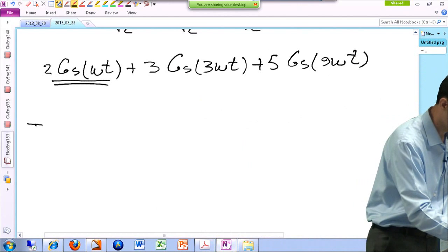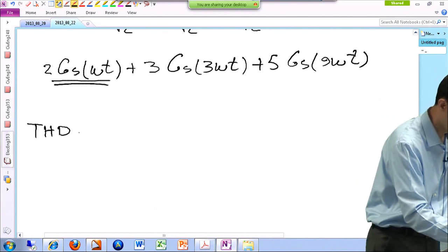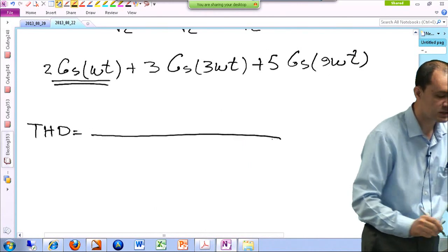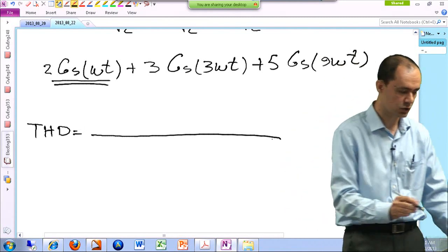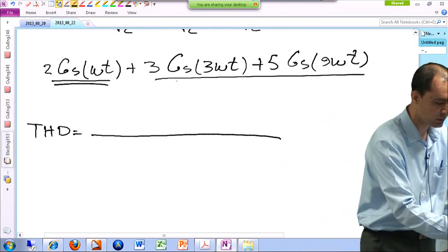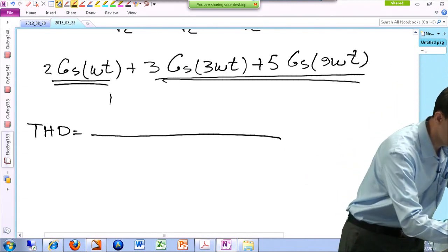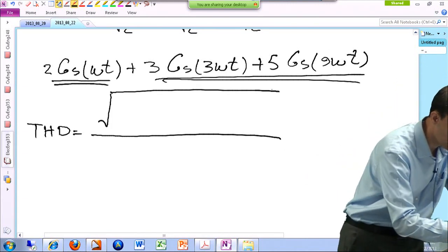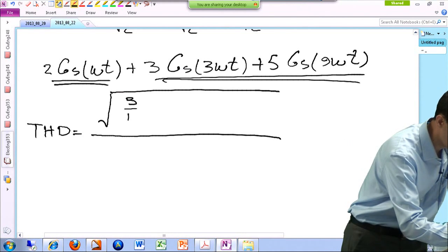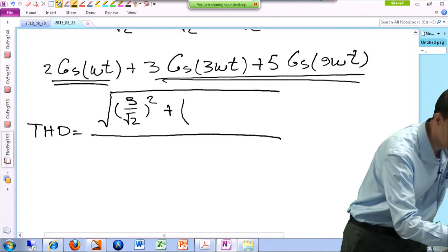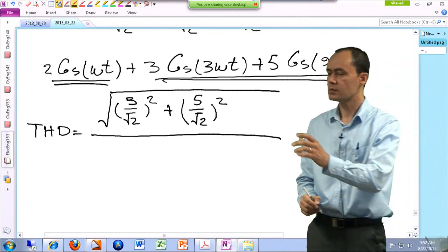So THD. Remember, we look at the RMS value of all of the junk. Earlier we discussed how to find the RMS value of a signal which includes a bunch of harmonics. You look at the RMS value of the first component and take the square of that, look at the RMS value of the second component and take the square of that. That's my numerator.